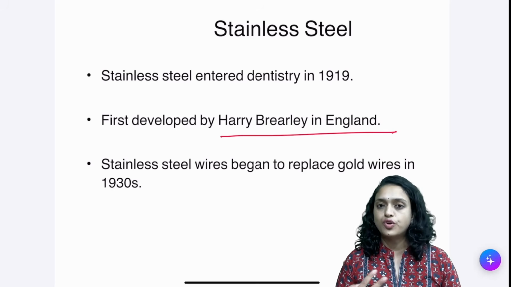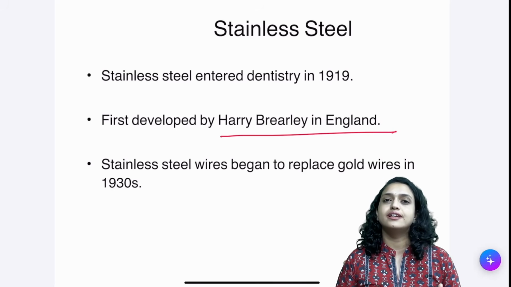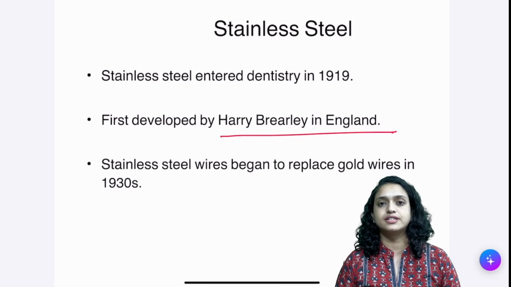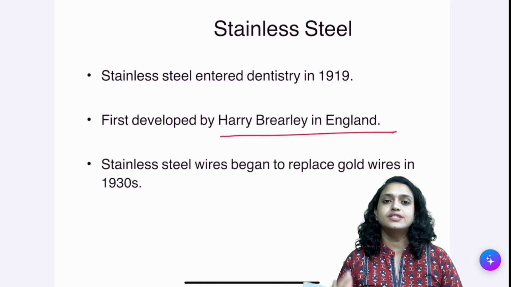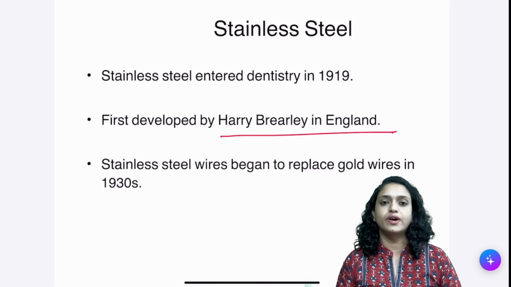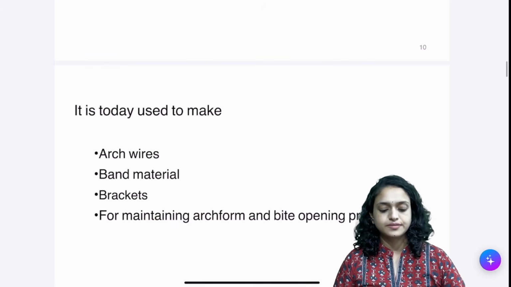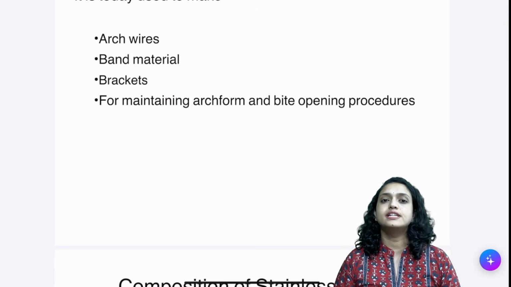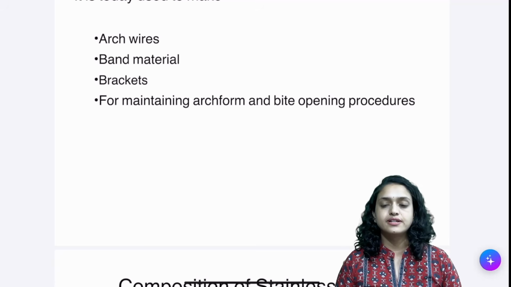It could be procured more easily and was easier to make, because it was not that expensive. So stainless steel replaced gold wires in the 1930s. Today, stainless steel is used to make arch wires, band materials, brackets, and also pliers. Everything is stainless steel.